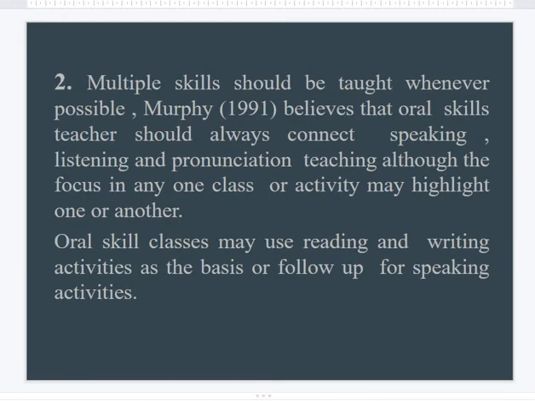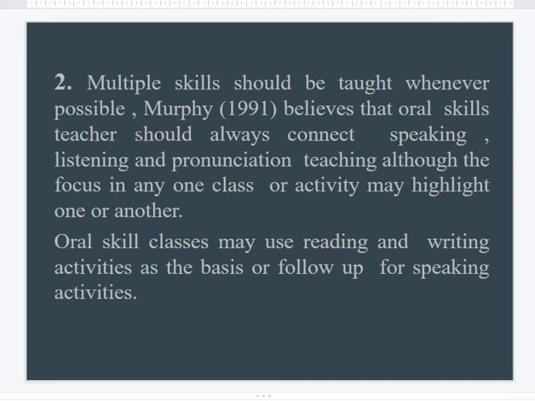The second feature of this communicative competence approach, also relevant to oral communication skills, is that multiple skills should be taught whenever possible.